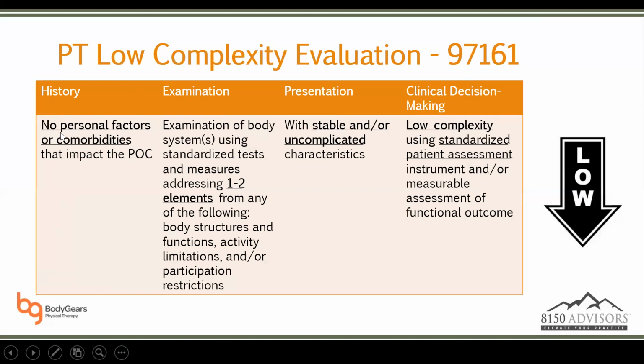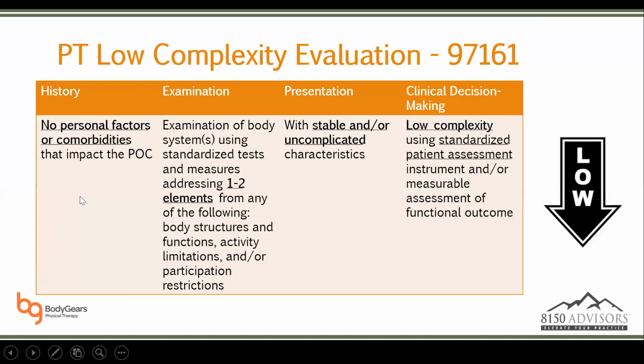Personal factors and comorbidities. Just as a reminder, personal factors are things like the patient's bedroom is up the stairs, they have to drive a long distance to work, they sit at a computer all day, they work as a construction worker, something like that.